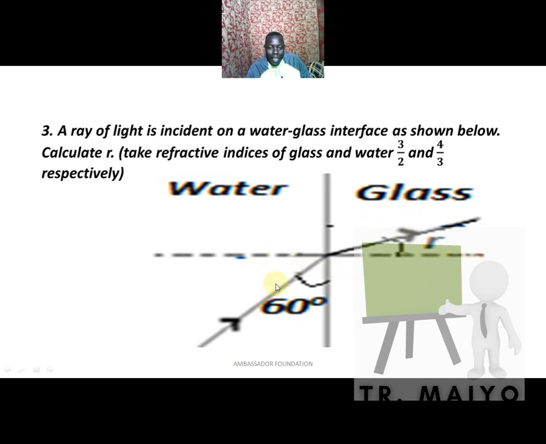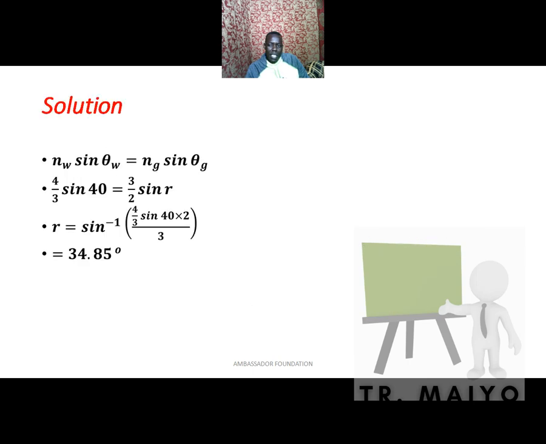First of all, this part is 90 minus 60, which is 30. And the refractive index of water is 4/3. So 4/3 sine 30 should be equal to 3/2 sine r. Then from there you proceed using your calculator. Just as simple as that. The formula is here.